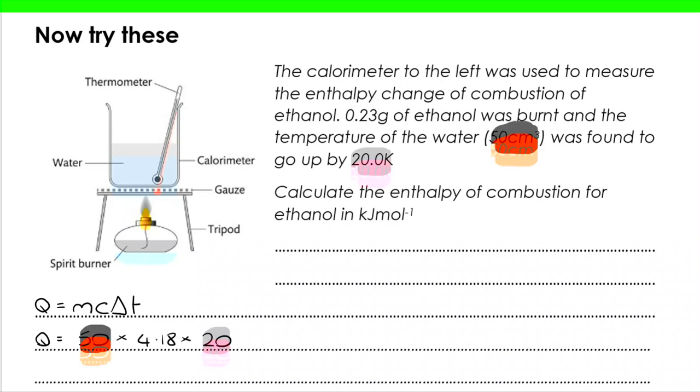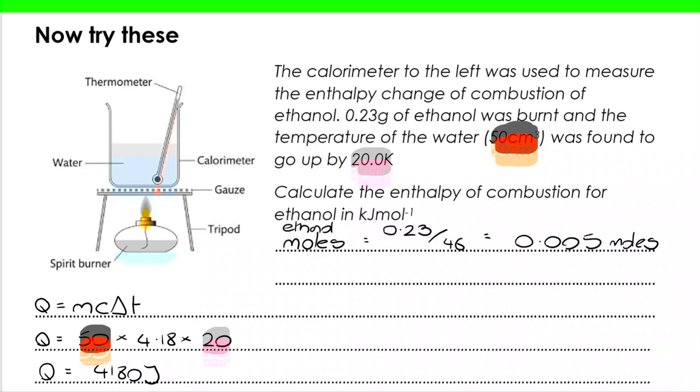Okay, Q is MC delta T. I've got my figures taken direct from the question, the 4.18 that I've said you will always be provided with. I multiply those together and I get 4,180 joules. Now, once again, we want kilojoules per mole.